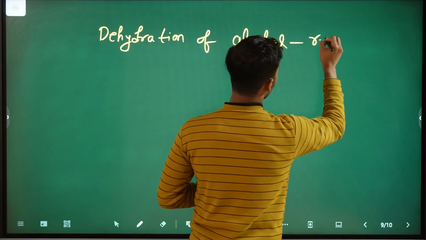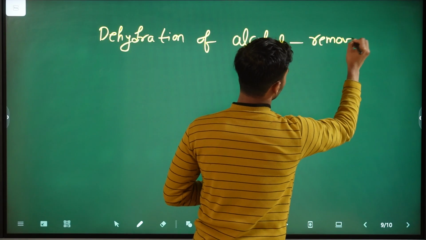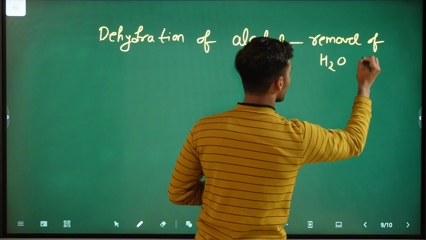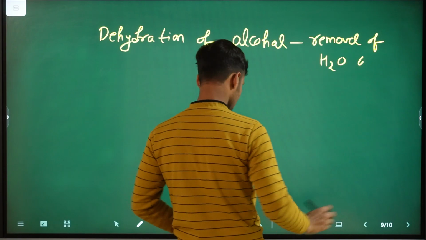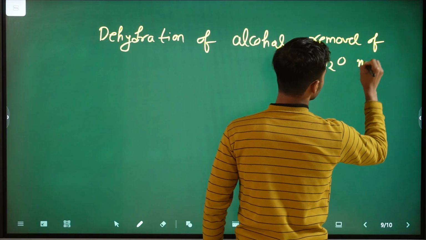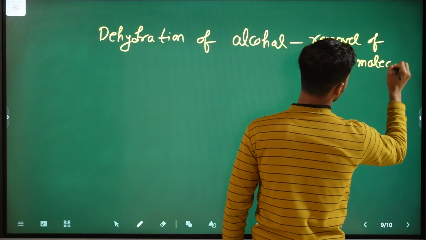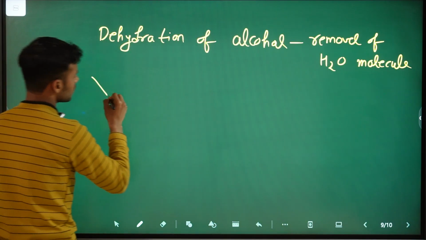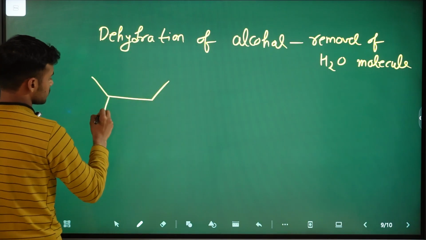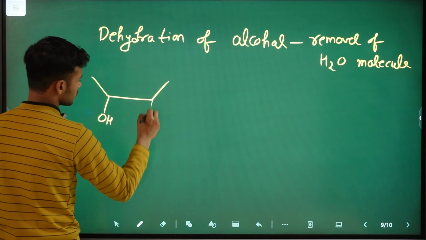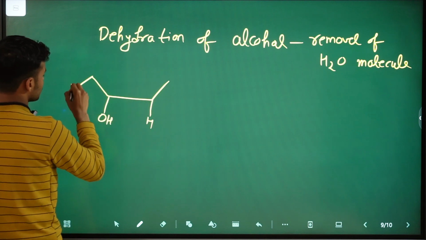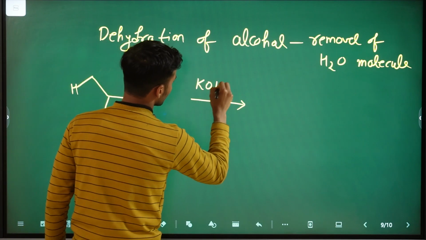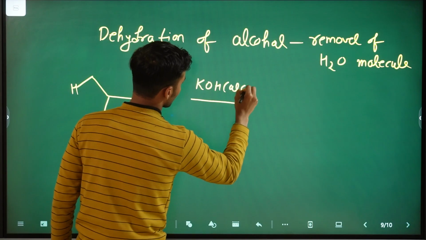Removal of an H2O molecule, removal of a water molecule. Take an example. So what is the dehydrating agent? KOH, alcoholic.